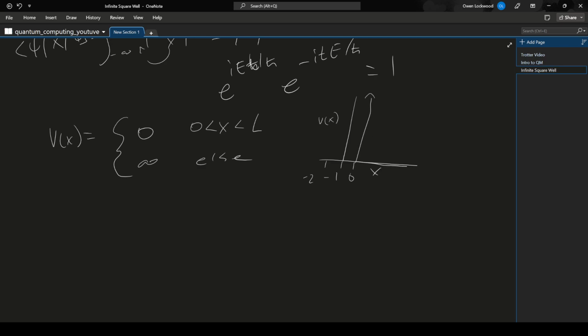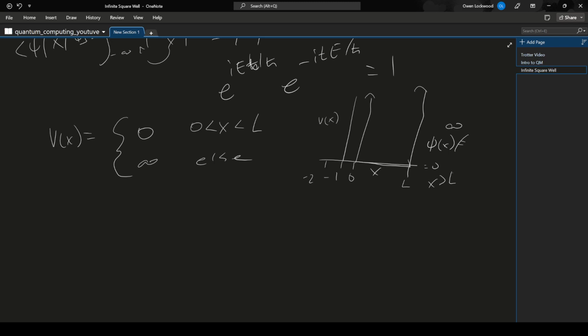This is L. This would go up to infinity. So in this little region, the potential is 0. Outside of it, it's infinity. So what does that mean? That means a particle cannot exist outside of here. The wave function where x is greater than L is not allowed. You cannot have the particle outside of this box because it's infinite. That's just how these infinities work.